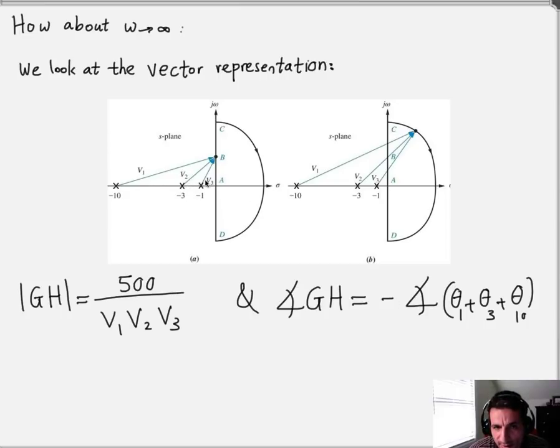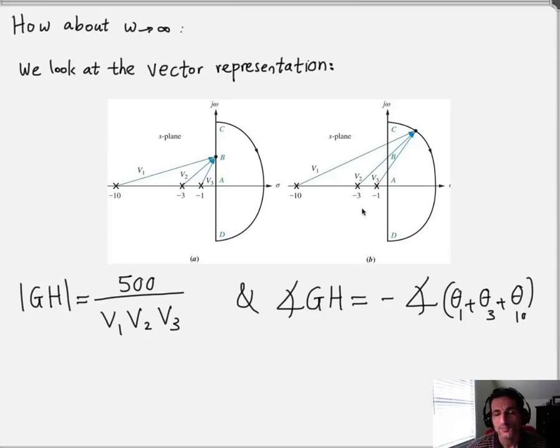Theta 1 is this angle that you see here, theta 2 is this angle, and theta 3 is this angle. And of course, for any point of interest, you can use this vector representation.